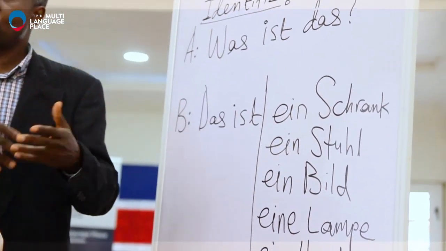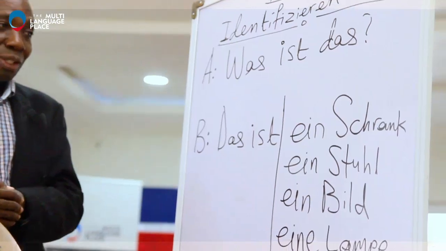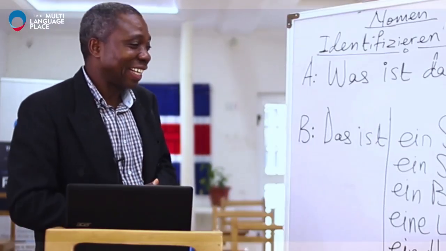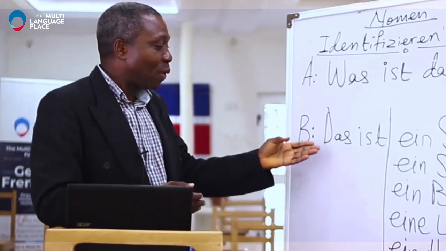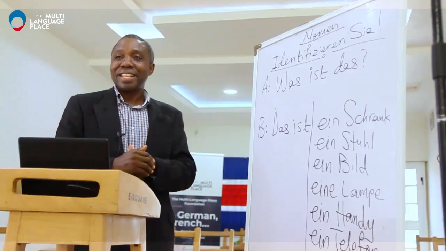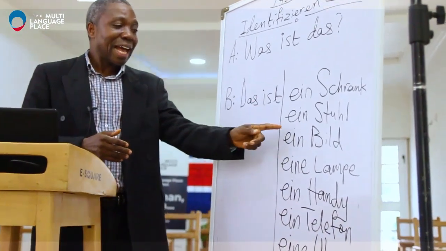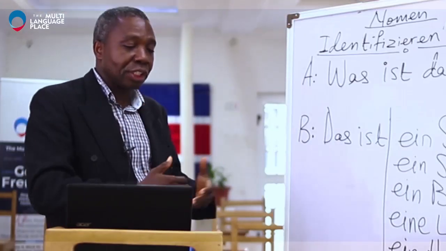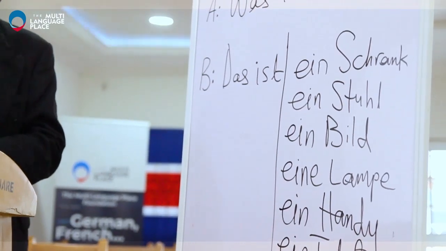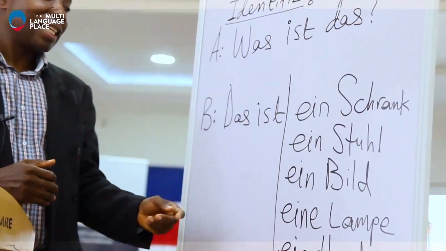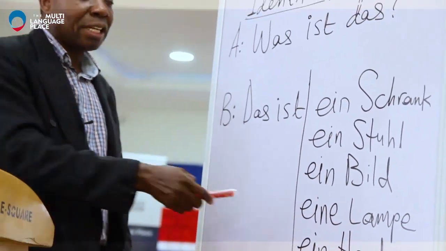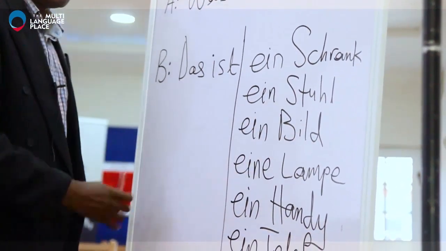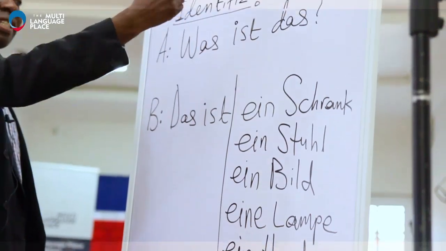Yes, with your dictionary you can know the meaning of this, but for now, we'll still be spoon feeding ourselves. Very soon, we'll go up there and then you have to do more work. Okay, thank you. Now we go to the second one. Was ist das? Das ist ein Stuhl. We still come back to the meaning in English, but let's just read it. Let's know how to read them first. Was ist das? Das ist ein Bild. Was ist das?